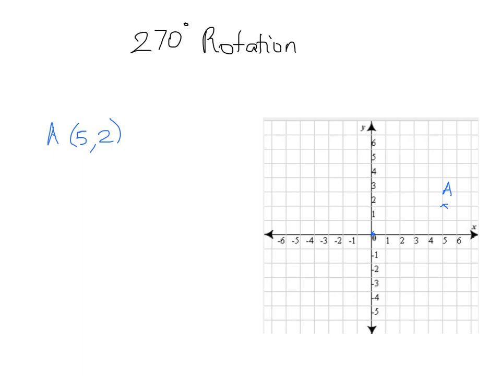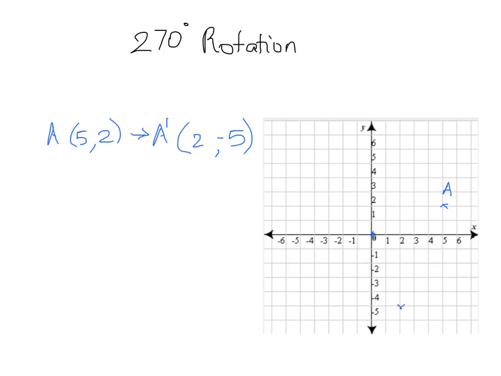But we're going to change the sign of the X, which means that here is what we are going to get. 2, 5, but the X becomes negative. So our new point will be (2, -5), so down here.